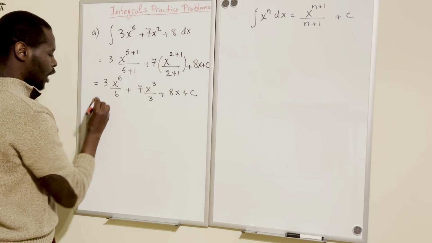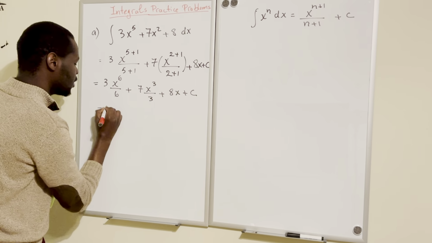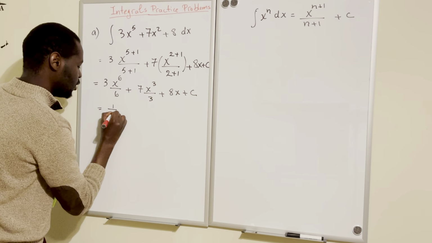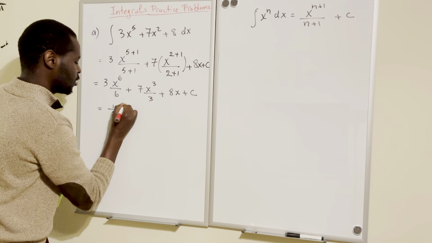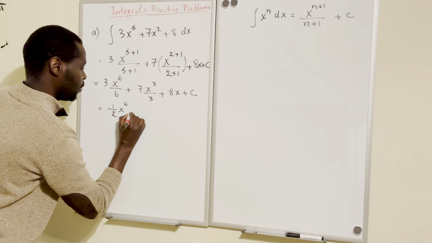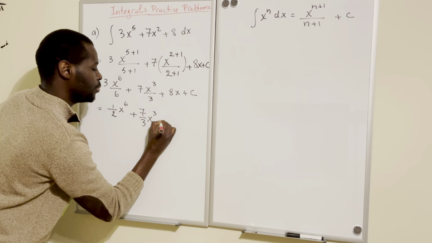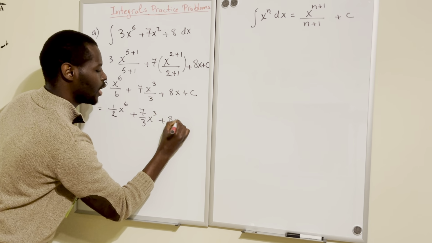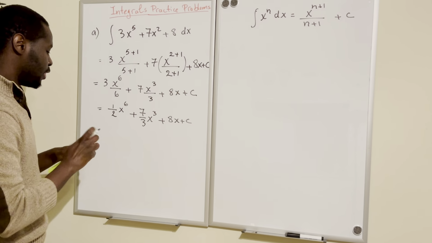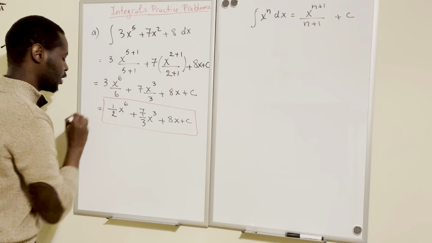Now I can simplify this. 3 divided by 6 is 1/2 x to the power 6, plus 7/3 x cubed plus 8x plus c. And this will be it as our integral.